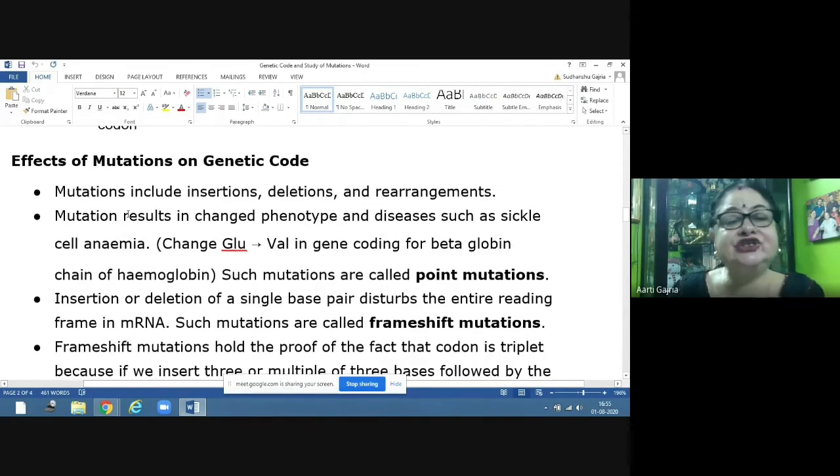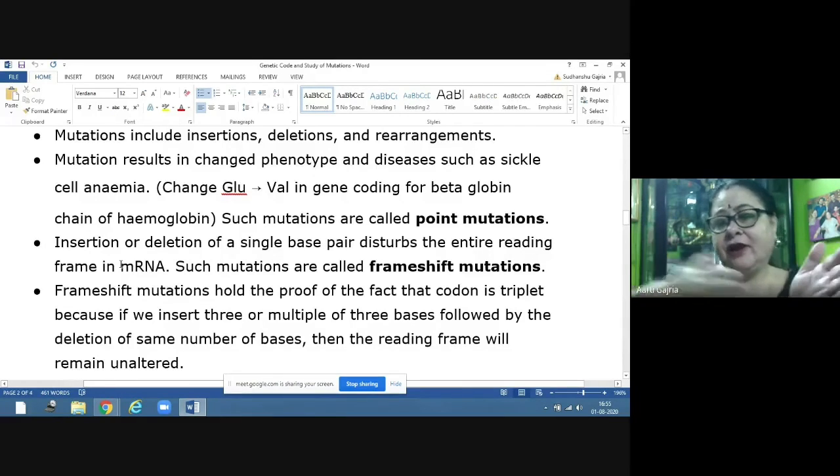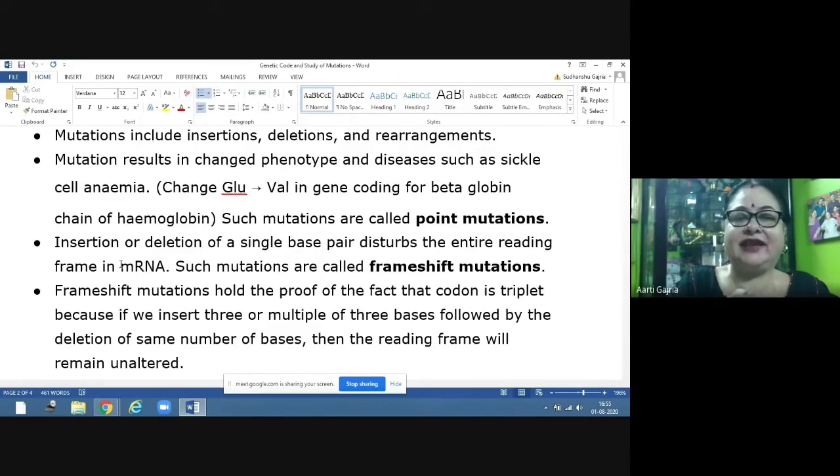And insertion or deletion of a single base pair disturbs the entire reading frame in the messenger RNA. This also we have done in detail. You can refer to that video. It will change the complete frame. Before the deletion, it will remain the same, and it will change many further frames.